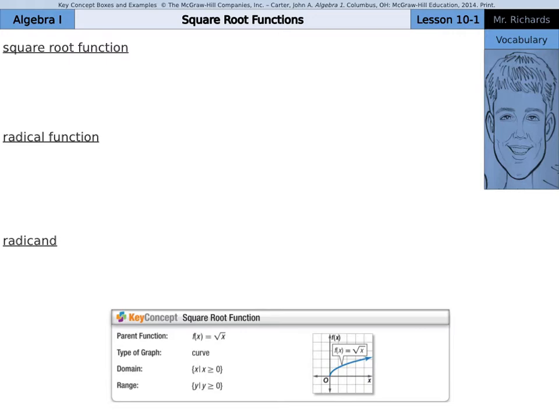Let's get some definitions done first, and the first is that of the square root function. It is a function that contains the square root of a variable.